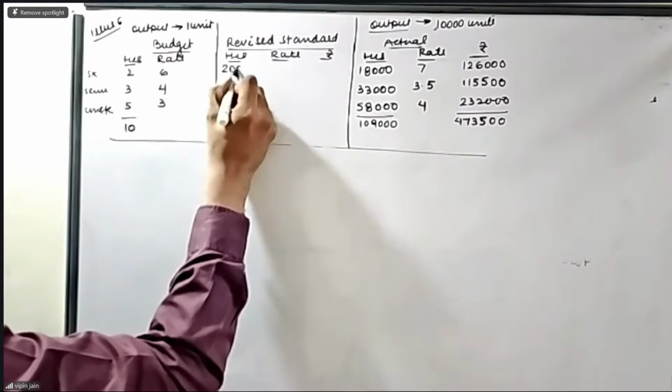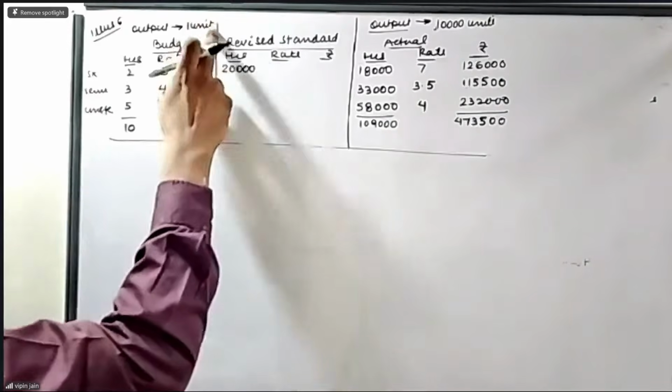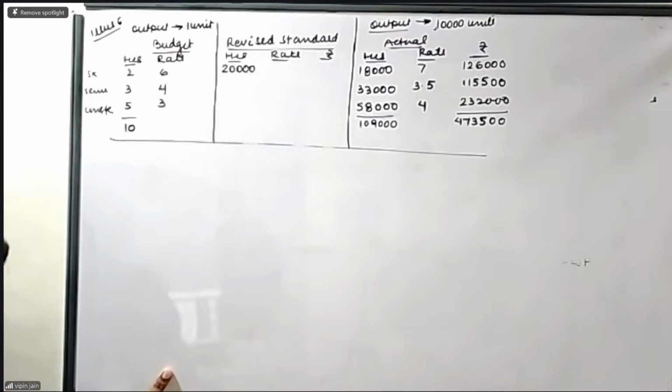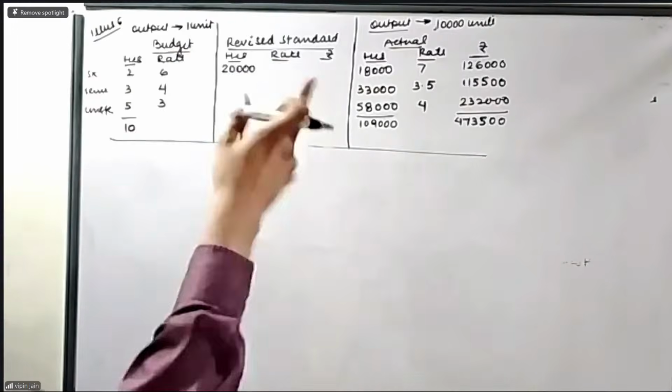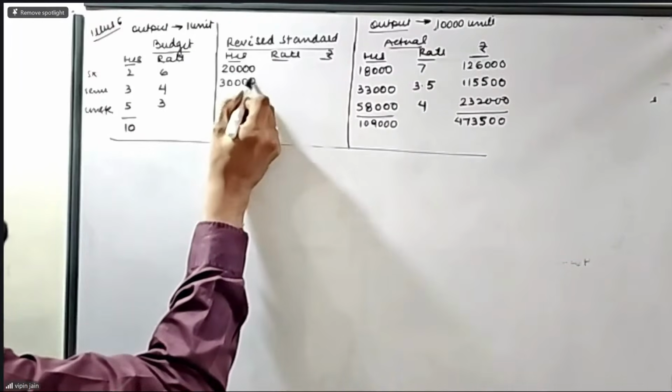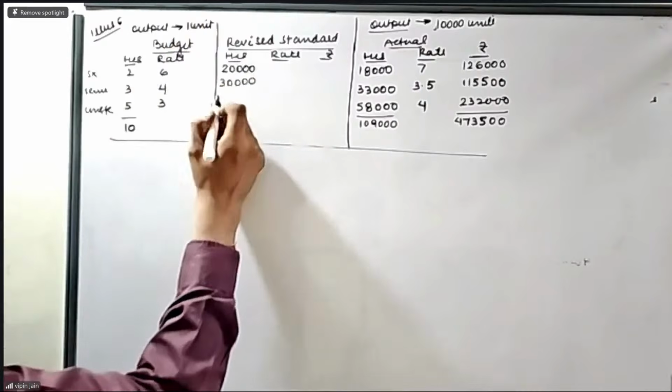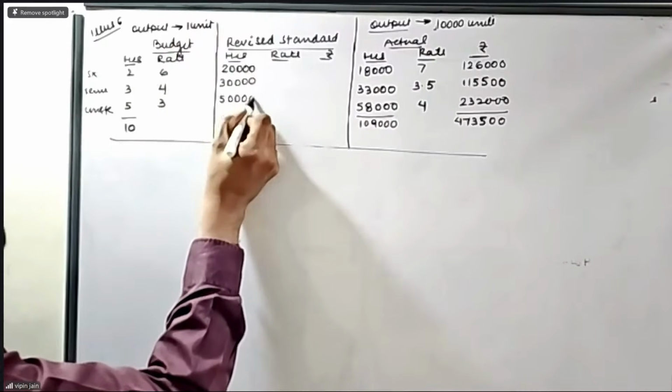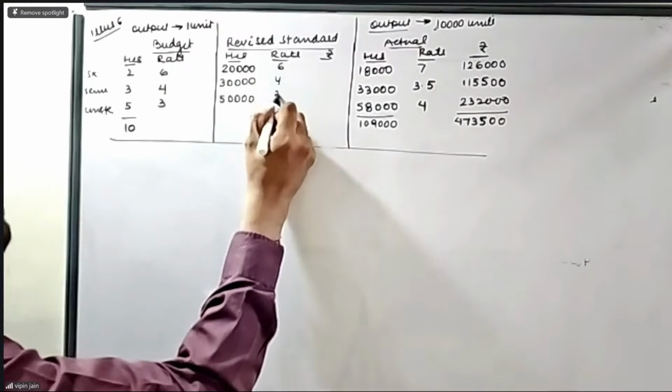Very simple. Similarly, here also, for 1 unit, how many hours? 3 hours. So for 10,000 units, 30,000. Similarly, 1 unit, 5 hours, so for 10,000 units, 50,000. That's it.